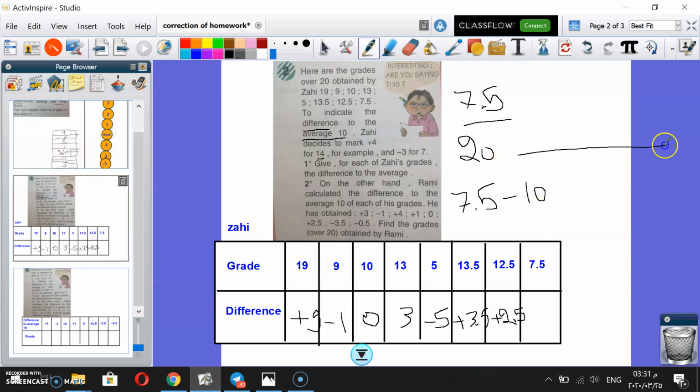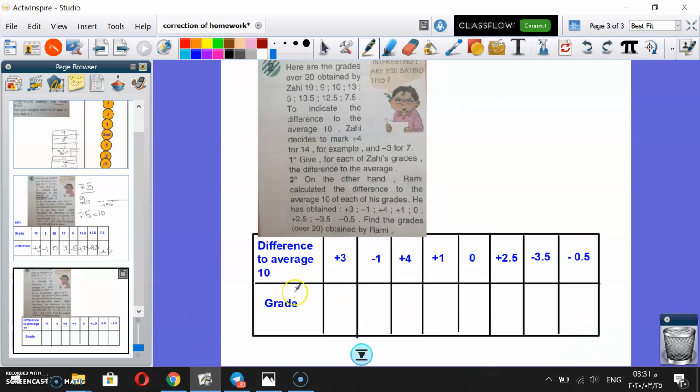On the number line, suppose that this is 0, 1 to 7.5 here, for example. Minus 10, so minus, I will go to the left by 10 units. I will reach minus 2.5. Try to do it on your number line. So the number will be minus 2.5, or the difference will be minus 2.5.